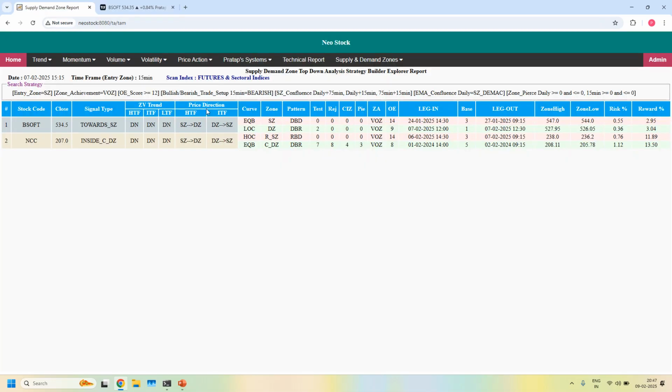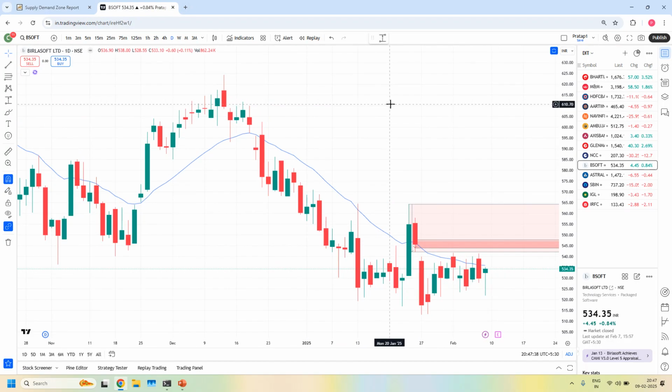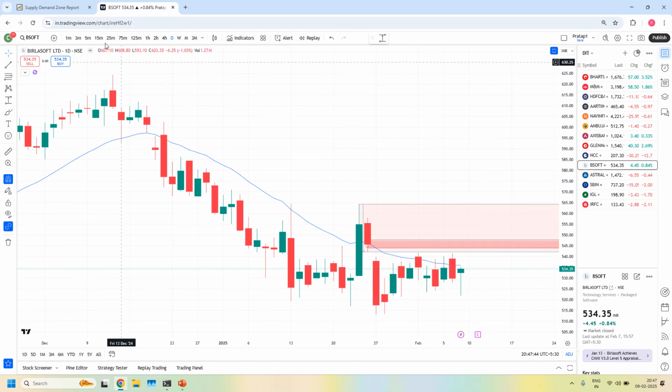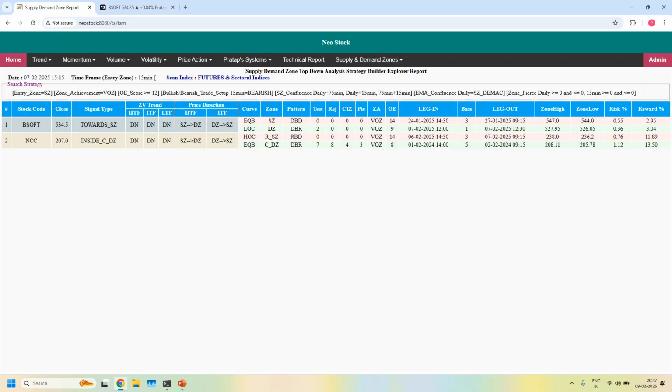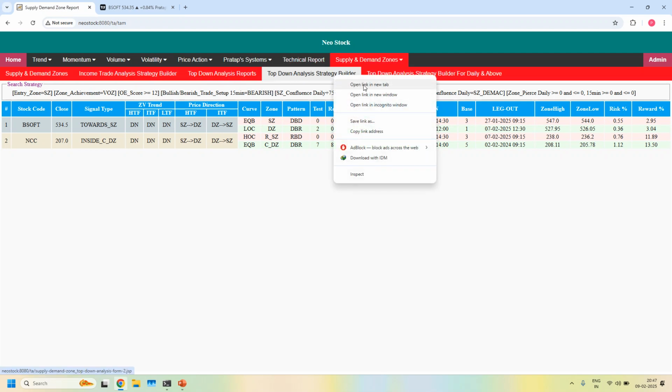So that is what you have seen in the picture. I do one thing. For Birlasoft also, let me look into the HTF zone. Are there any LTF zones? We missed, but the software considered.